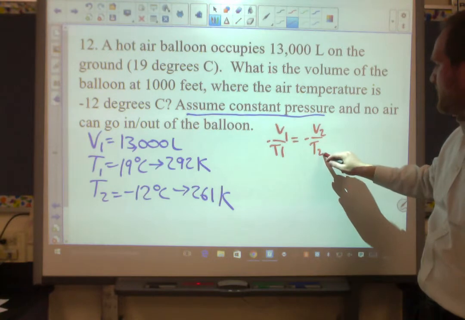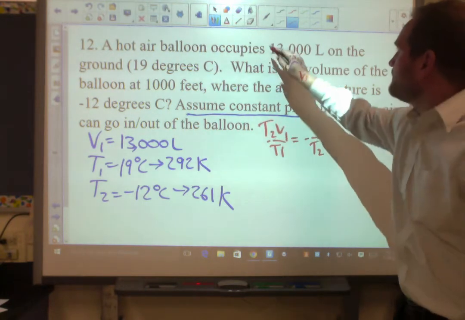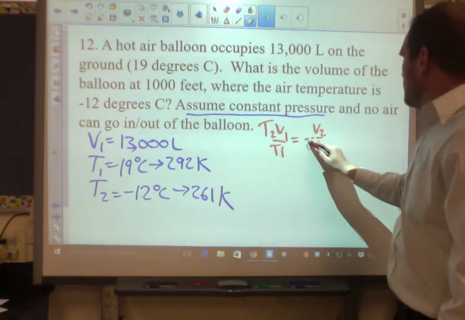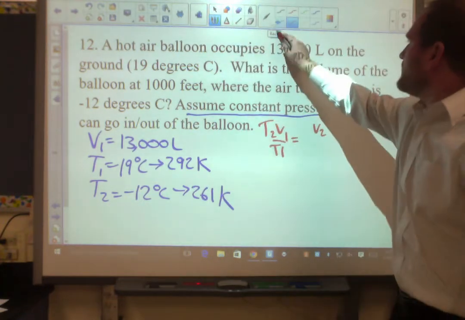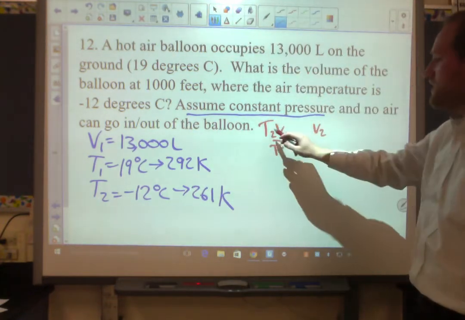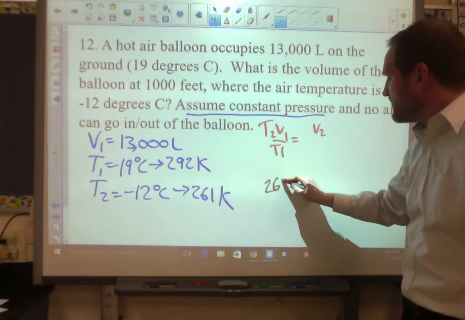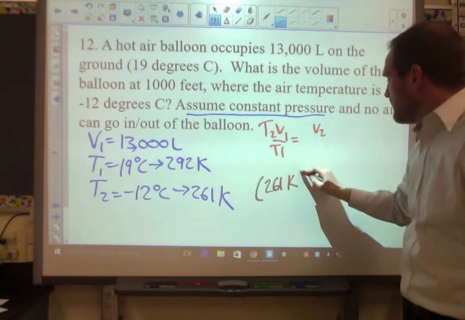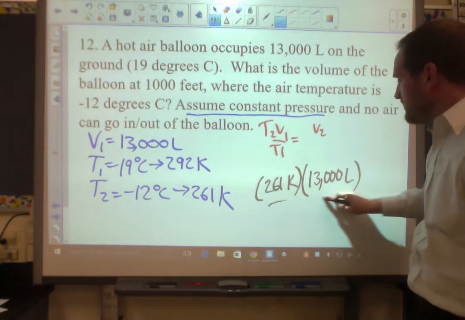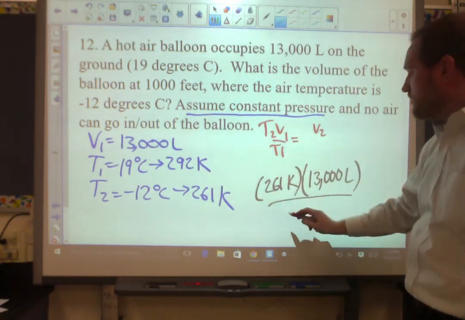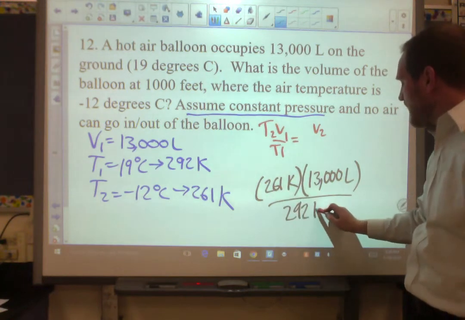So to get V2 by itself, T2 just reappears up here. All right. So V2 is going to equal T2, which is 261 Kelvin, times V1, which is 13,000 liters, divided by T1, which is 292 Kelvin.